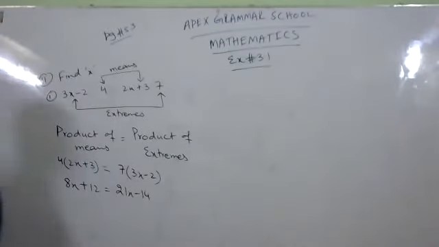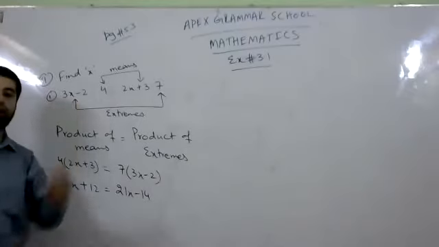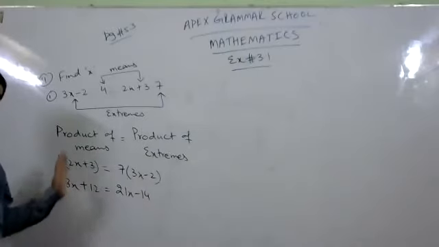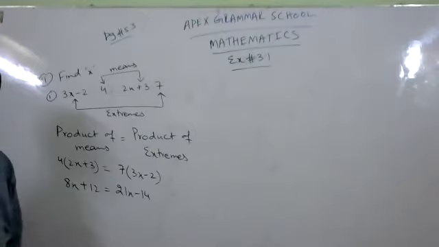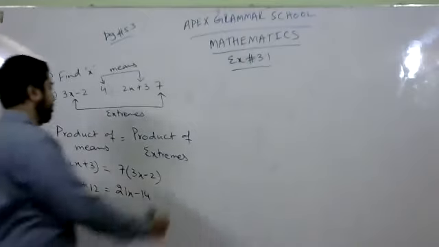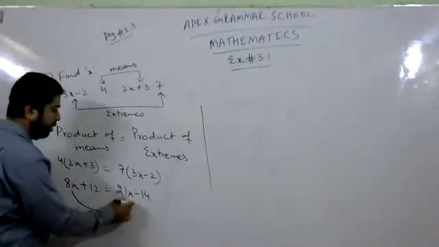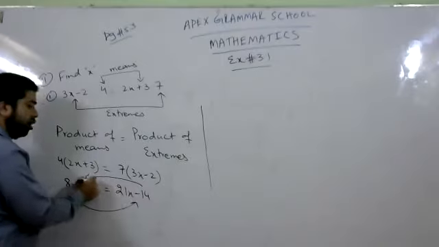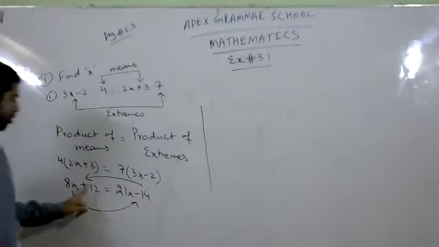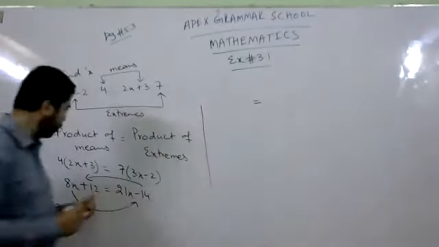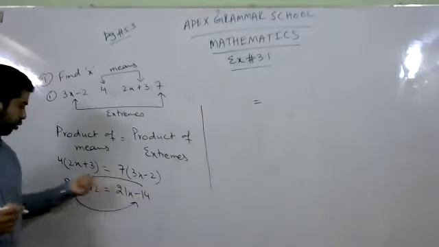After this multiplication, we are only concerned with the value of x. So to find the value of x, we need to collect all the values relevant to x on one side of equality, and on the other side, we need to collect all the constants. So 8x stays on this side, and minus 14 becomes positive on the other side.